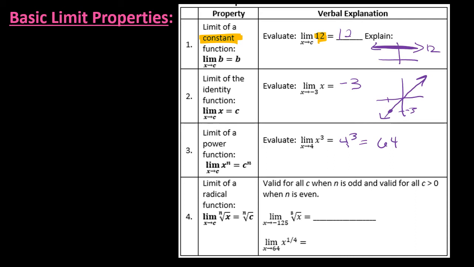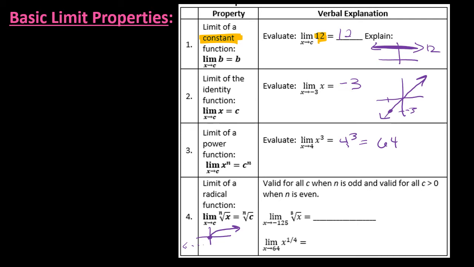And then my last basic limit property is the square root property, or the nth root. A square root would look like this. It's still a continuous function. It doesn't exist to the left of my y-axis. It only exists when x is greater than 0.